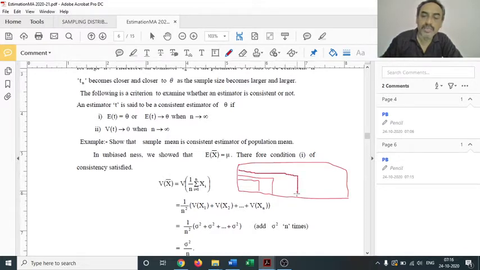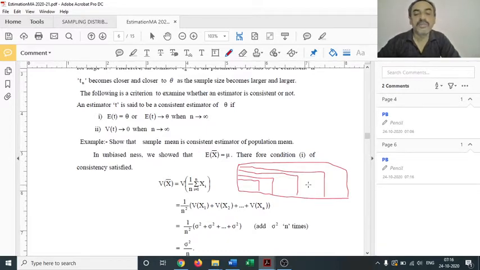And when the sample size becomes larger and larger, if it becomes closer and closer to the parameter, that means the difference between the proposed estimator value and the actual parameter value becomes smaller and smaller, or it becomes very close to the parameter, then we say it is a consistent estimator.